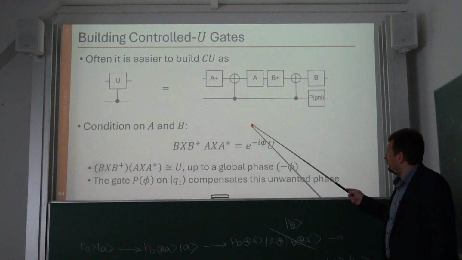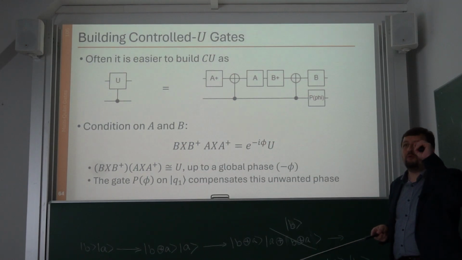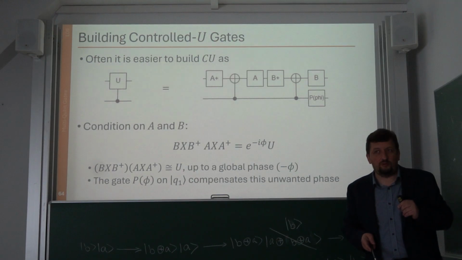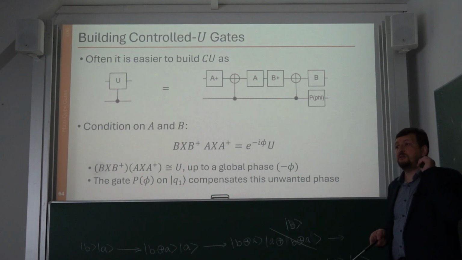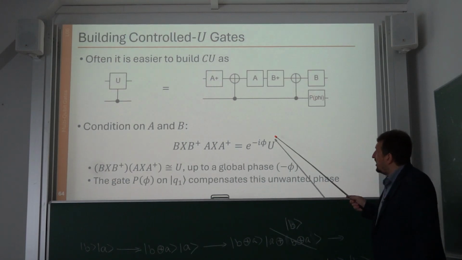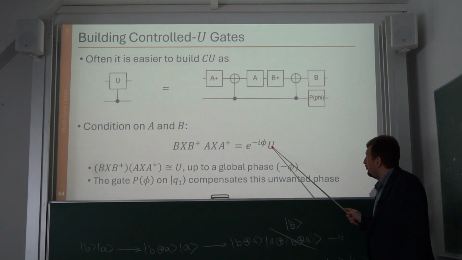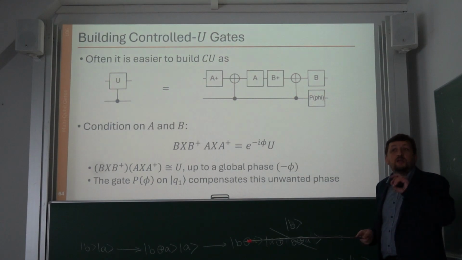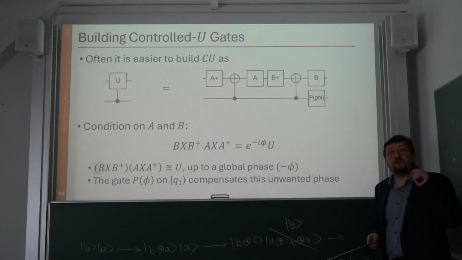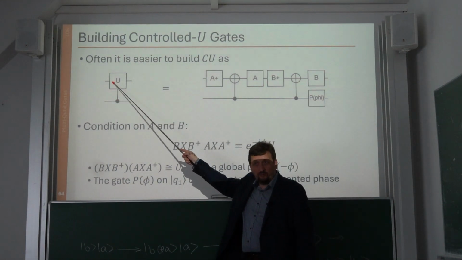So we can find such A and B that produce U, but introduce a different global phase. And here is an important thing. If I had just the gate U, then it does not matter if I use U or U with a global phase. It's the same thing. But it's not the same thing if I have the controlled version of U.